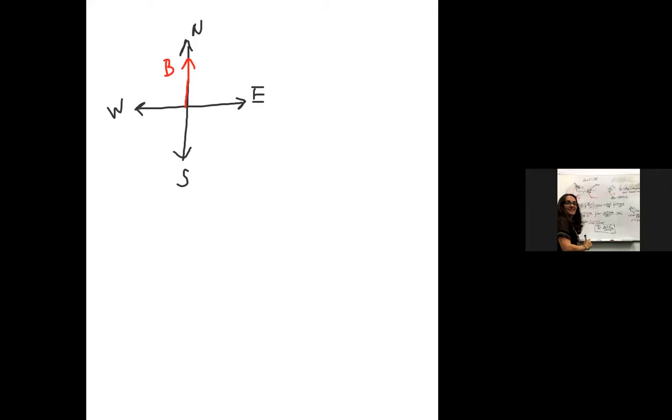That means start east and go north of that. That's going to be in this quadrant over here. Start east and go north of that by 60 degrees. So that is the velocity, 60 degrees north of east.